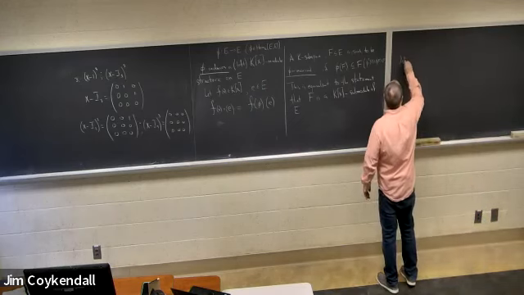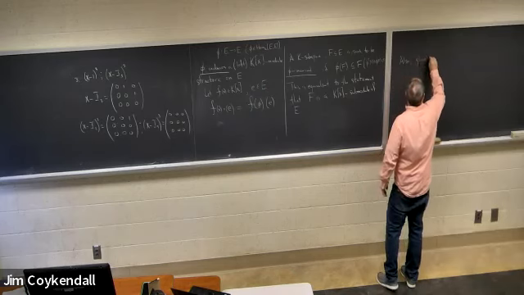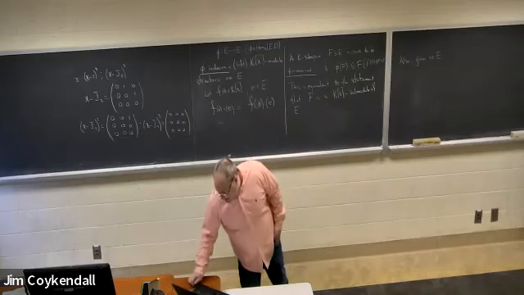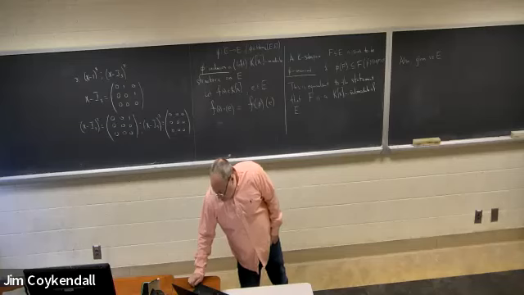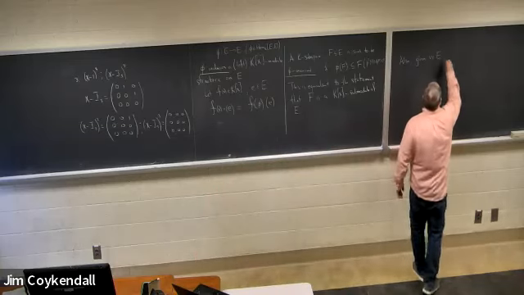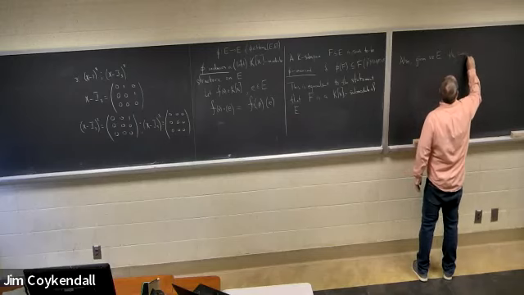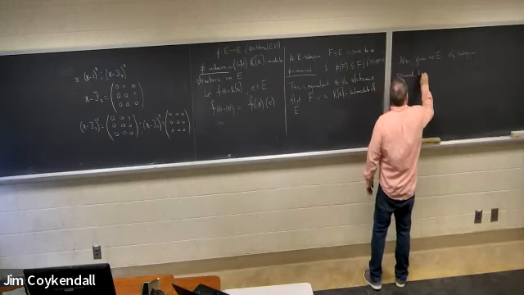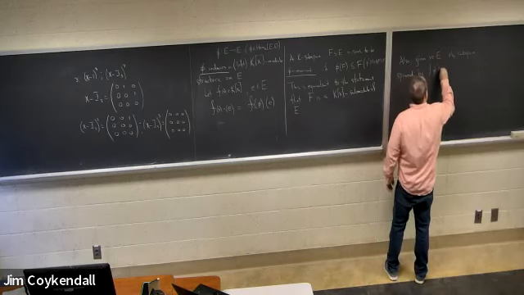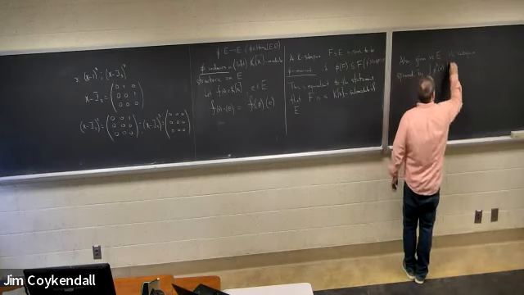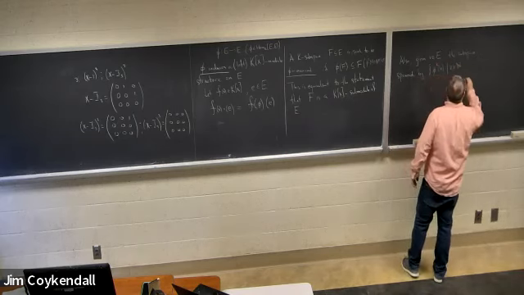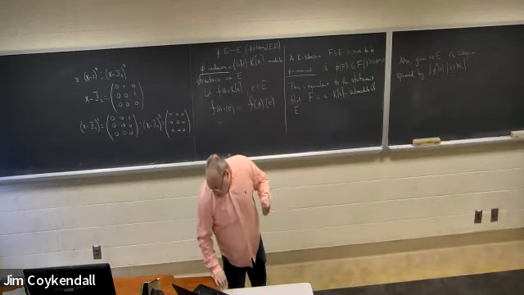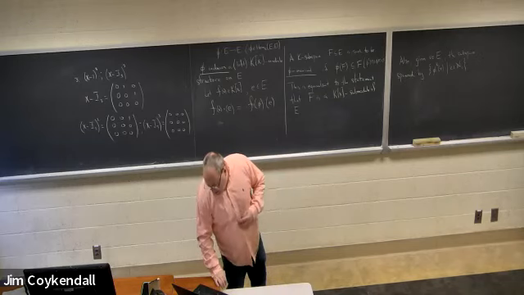Also, given V in E, so suppose let's just pick some random vector V in E. The subspace spanned by the set V, phi of V, then phi squared of V, and phi cubed of V, and so forth.